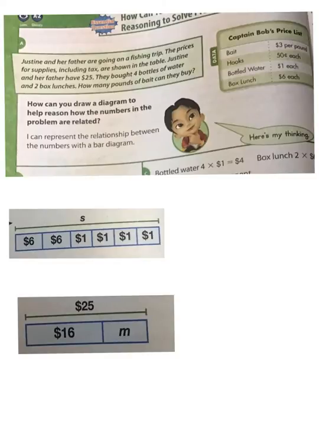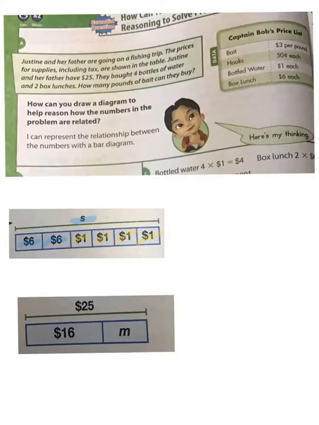I have copied these bar diagrams to represent the money that they spent. So we have $6 for 1 box lunch, $6 for the other box lunch, $1 for 1 water, $1 for 1 water, $1 for 1 water, and $1 for 1 water, which equals 4 waters.